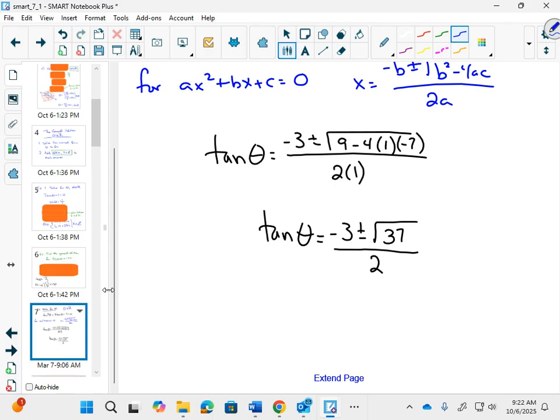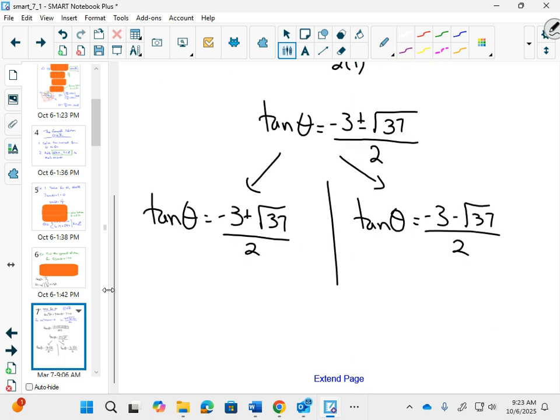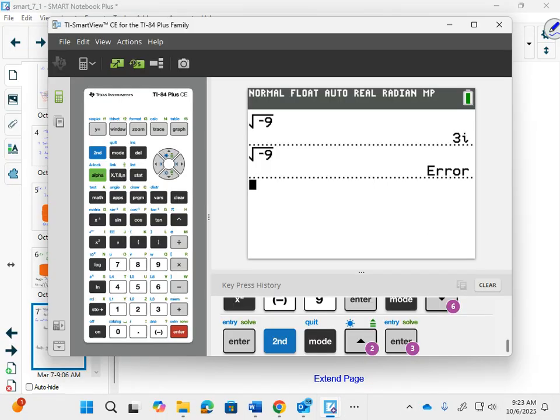Now what I'm going to do from here is I'm going to split my page up and I'm going to go in 2 directions. One direction I'm going to write with the plus sign, and the other direction I'll do the other one with the minus sign. So I'll split up that plus or minus. We would have to get solutions for all of these. If I type these into my calculator, so I'm going to pull up my calculator here.